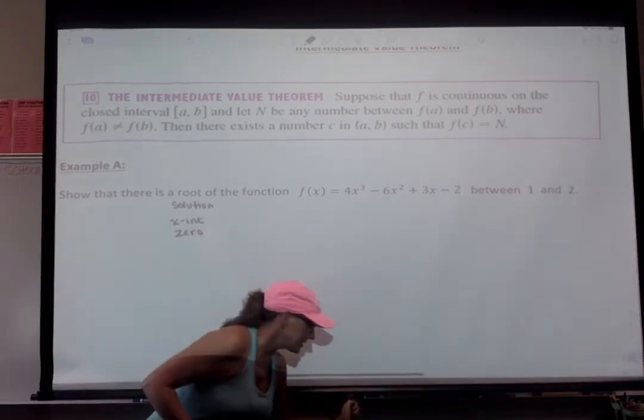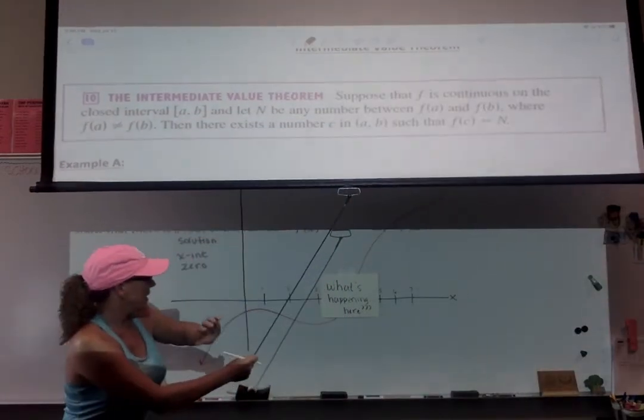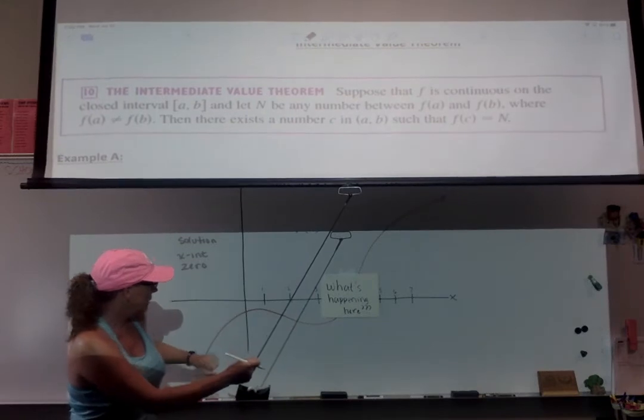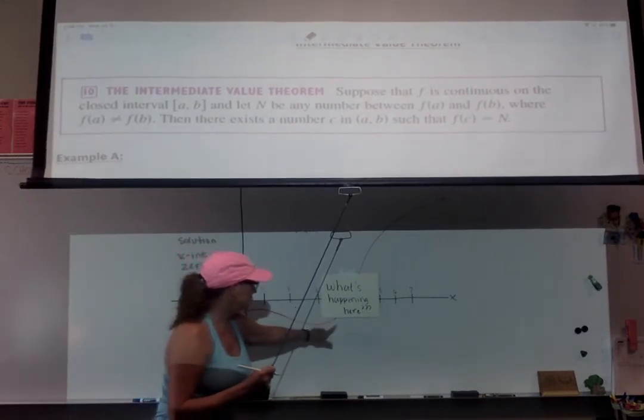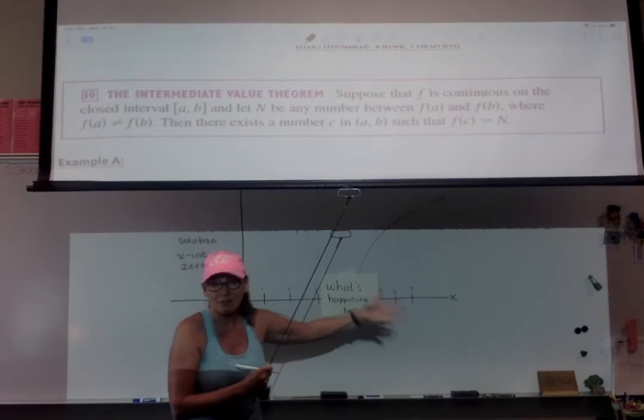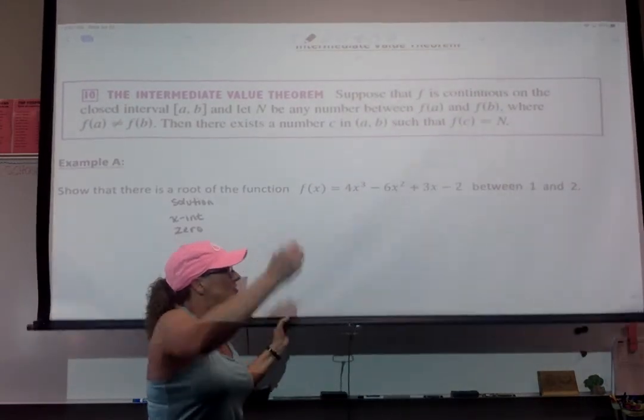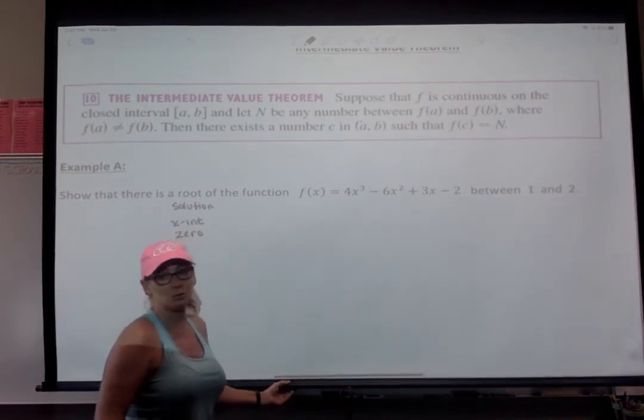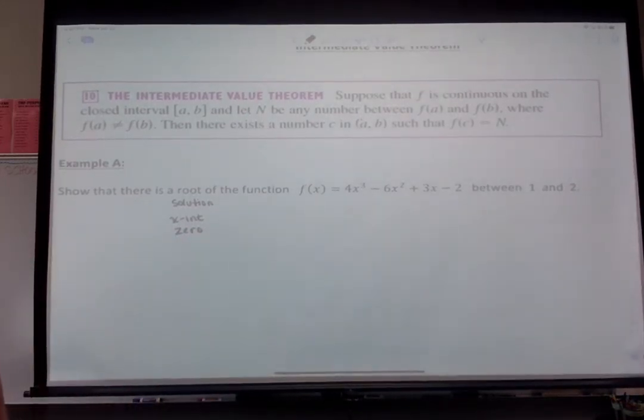So in this picture, it would be like, prove that this function crosses the x-axis between 3 and 5. Now we're proving that this function crosses the x-axis between 1 and 2.